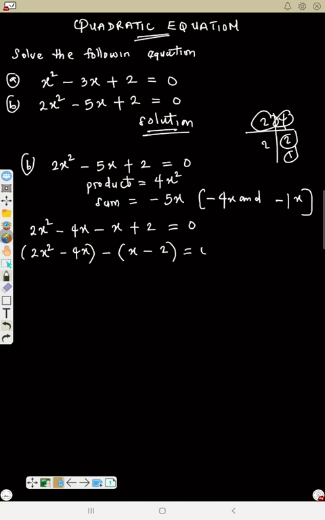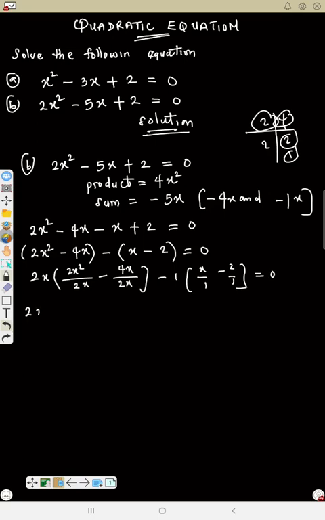Now what is common? 2x is common here, because in 2 and 4, 2 is common, x squared and x, x is common. Anything that is common, divide through by that. So that will be divided by 2x, minus 4x divided by 2x, then minus 1, then x over 1 minus 2 over 1 equals 0.